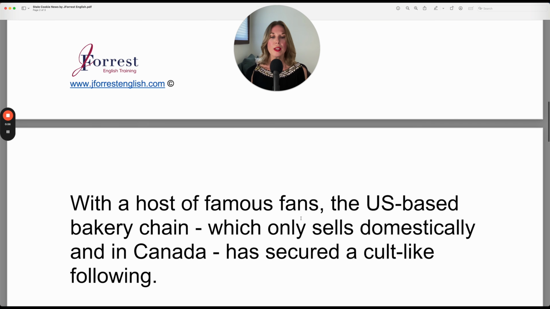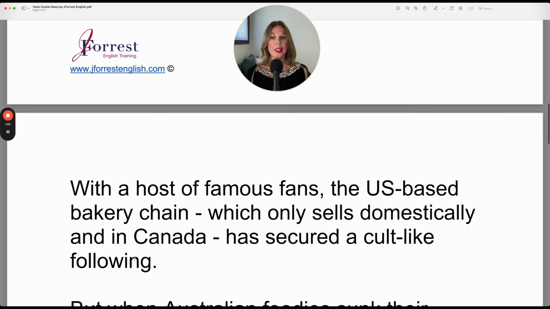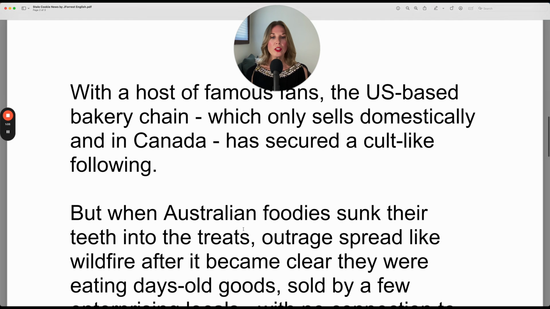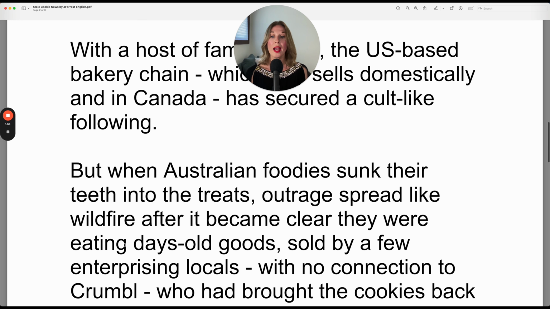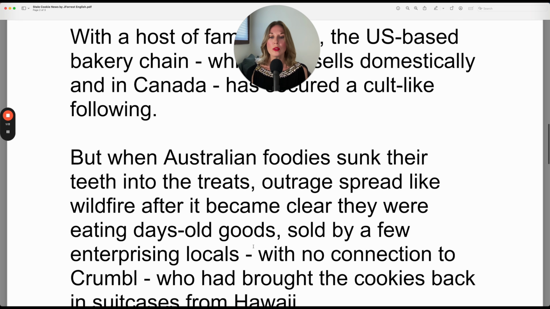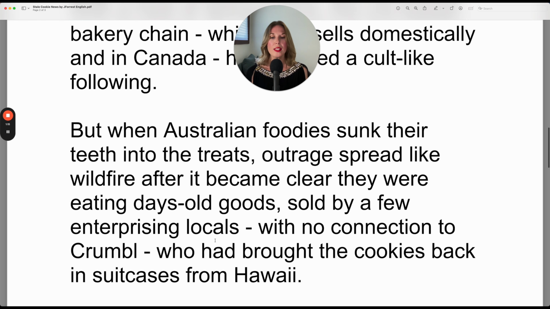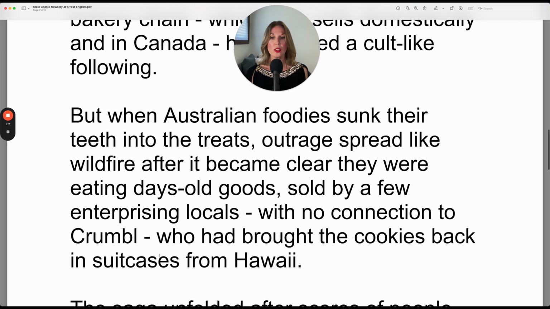With a host of famous fans, the US-based bakery chain, which only sells domestically and in Canada, has secured a cult-like following. But when Australian foodies sunk their teeth into the treats, outrage spread like wildfire after it became clear they were eating days-old goods sold by a few enterprising locals with no connection to Crumbl, who had brought the cookies back in suitcases from Hawaii.